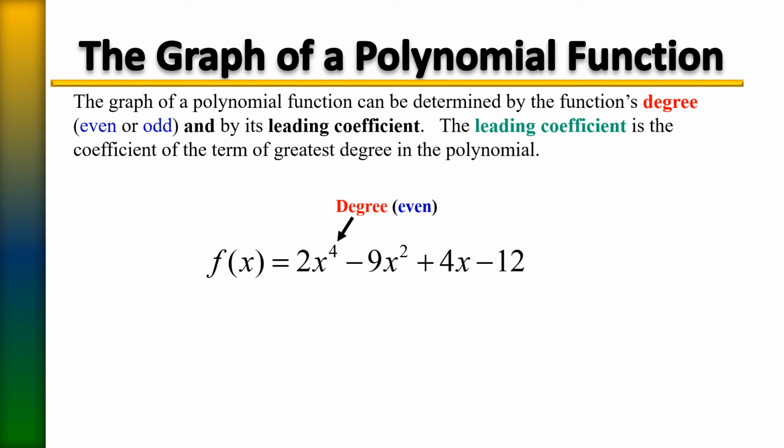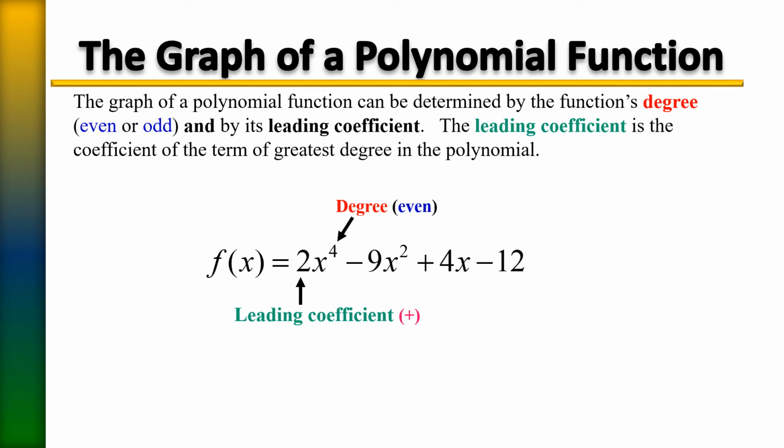Now again, the leading coefficient is the coefficient of the term that has the highest degree, and we've already established that this is a 4th degree term. The coefficient of that term is 2.